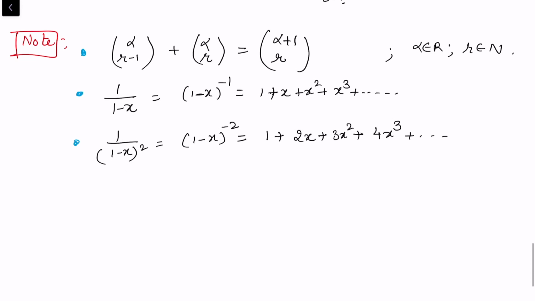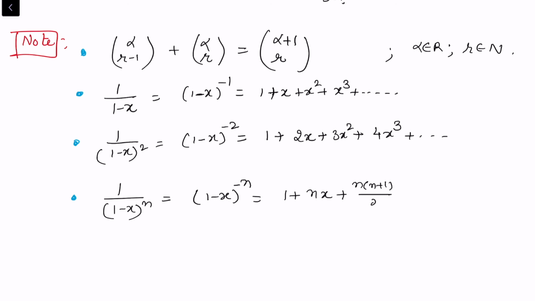Okay. And if I look at one more generalized case, say for example, I want to take 1 over (1 minus x) to the power n, and here you already know that n is a positive integer. In this case, I have (1 minus x) to the power minus n. We can also use this as a formula: 1 plus nx plus n into (n plus 1) divided by 2 factorial into x square plus n into (n plus 1) into (n plus 2) divided by 3 factorial into x cube plus so on.